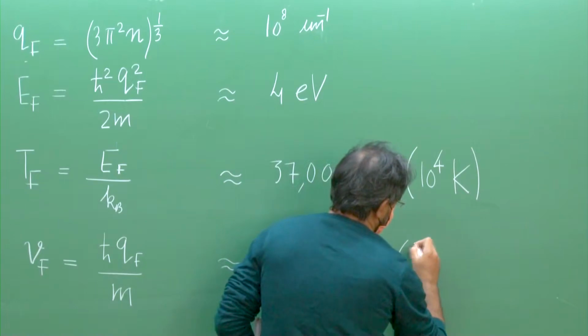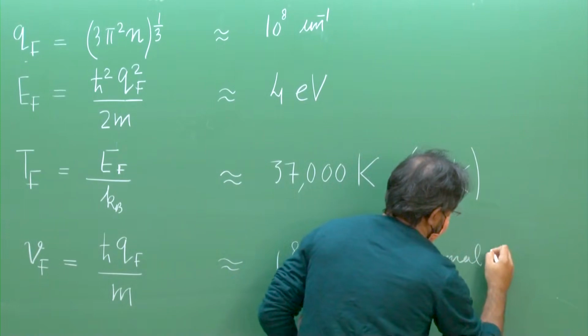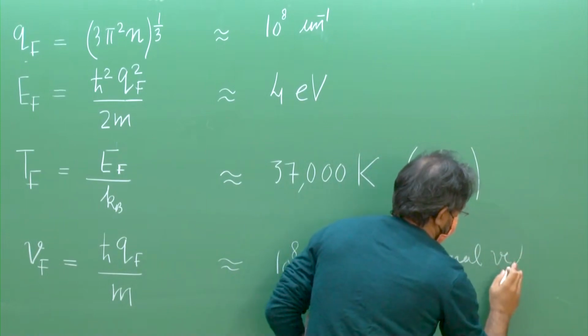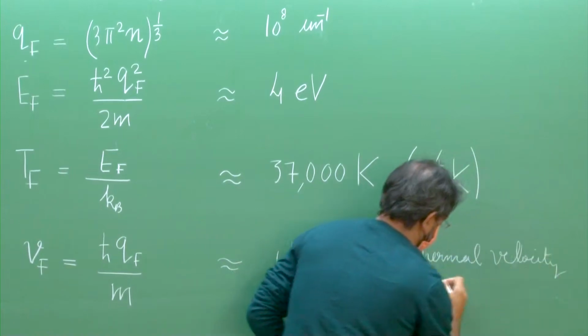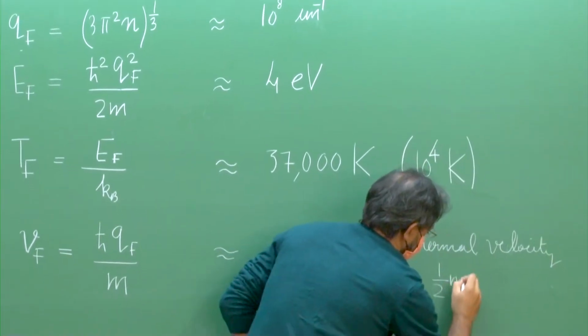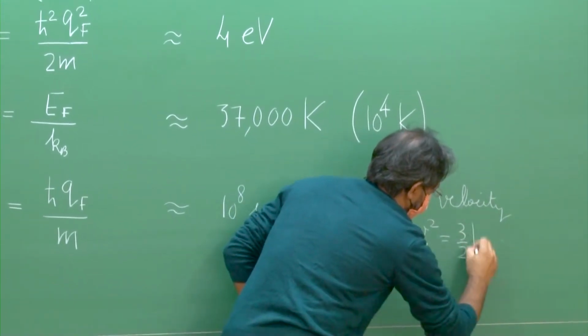So, if you compare it to the thermal velocity, the thermal velocity is given by this formula, half mv naught square is equal to 3 half kT.